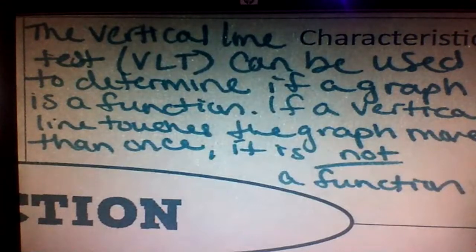Guys, I will be here after school today. They moved my PLT to yesterday, so I will be here after school today if anybody would like to come and retake the quiz or just for tutoring. I'm here from 3:30 to 4:30 on Tuesdays and Thursdays.